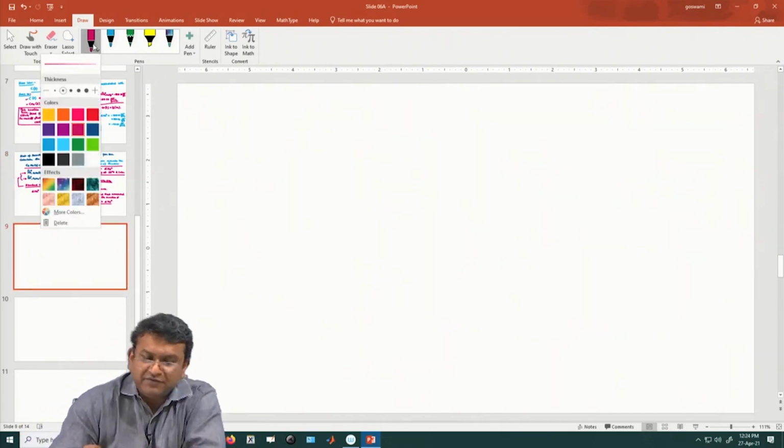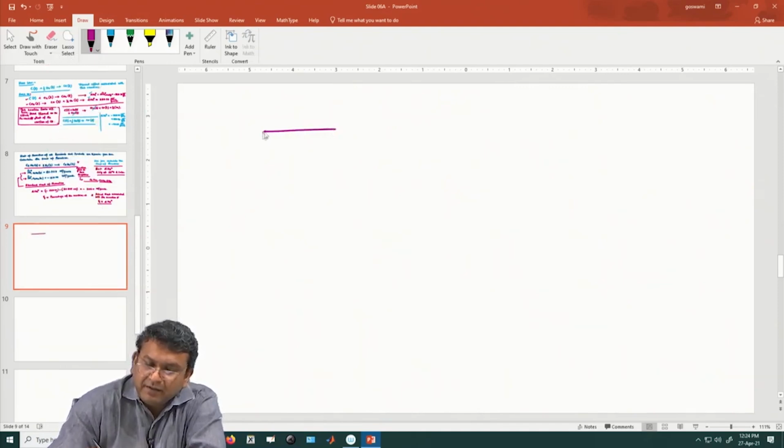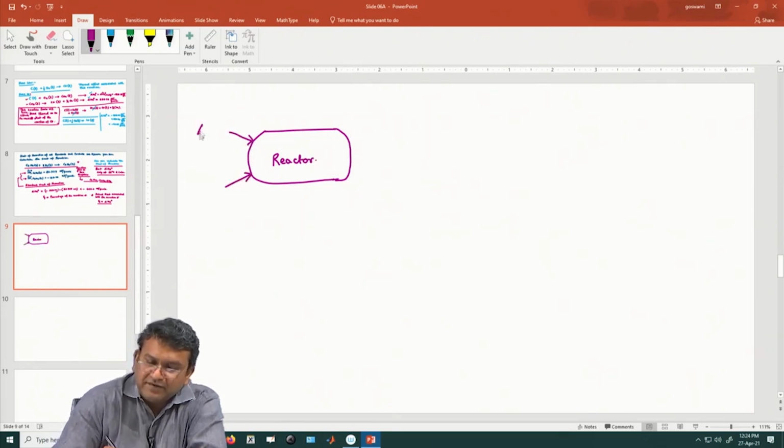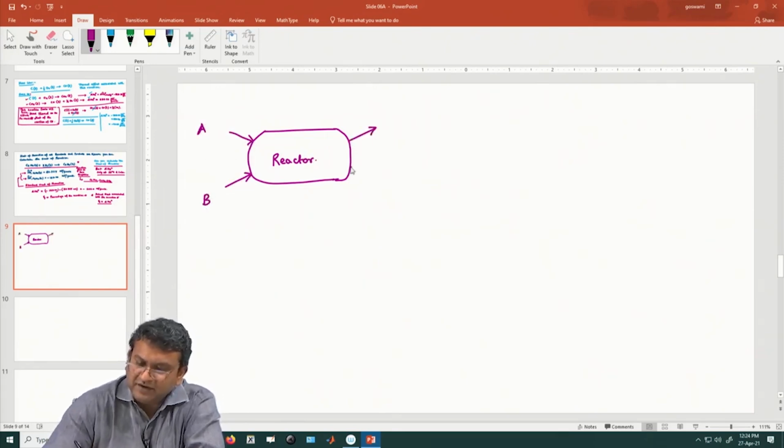So, let us say you have this reactor, and let us say two reactants. This can be elements or compounds. Let us say these are compounds.